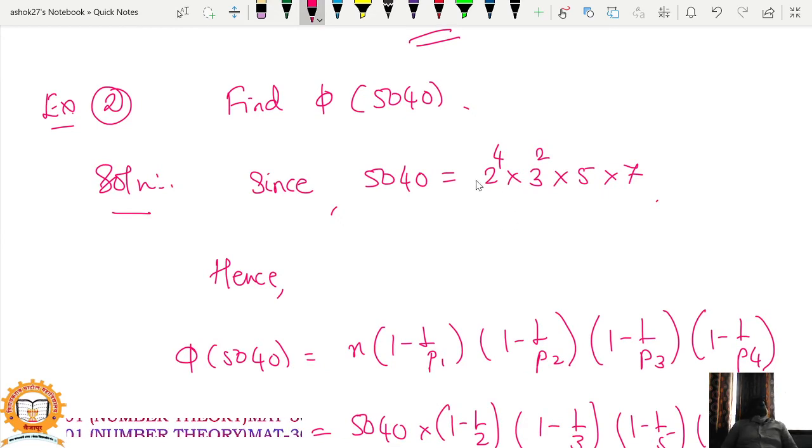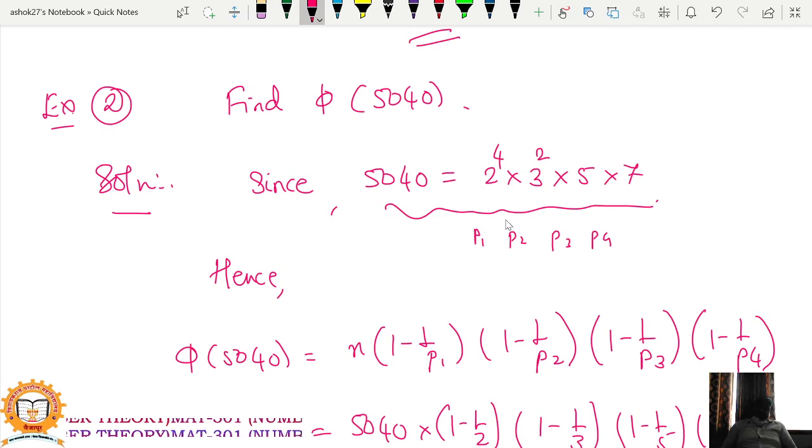Similarly, you can find phi of 5040. This is the prime factorization of 5040, that is 2 raised to 4, 3 raised to 2, 5 into 7. So you can take p1, p2, p3 and p4. P1 is 2, p2 is equal to 3, p3 is equal to 5, and p4 equal to 7.